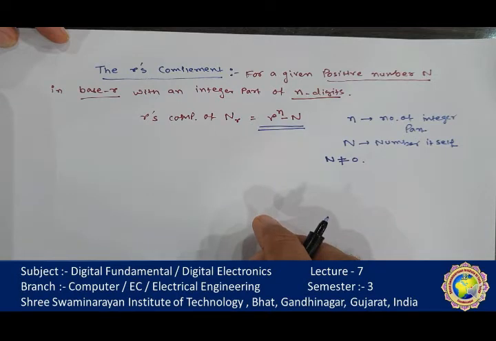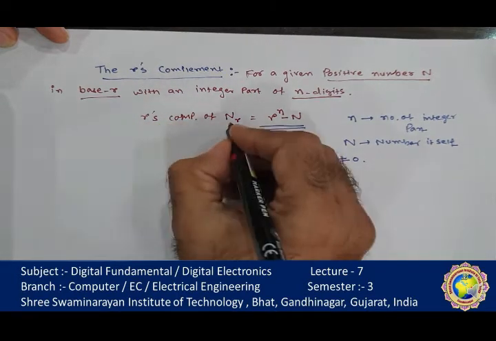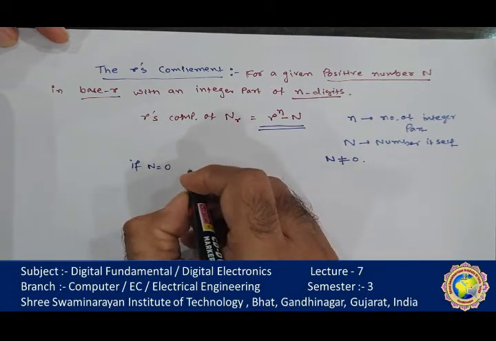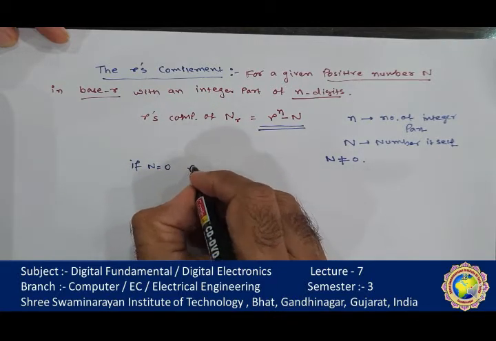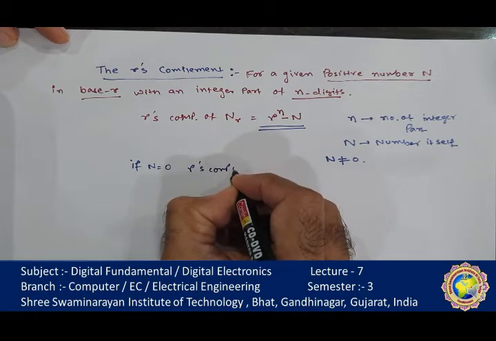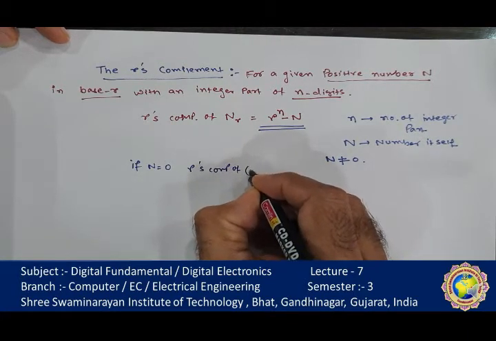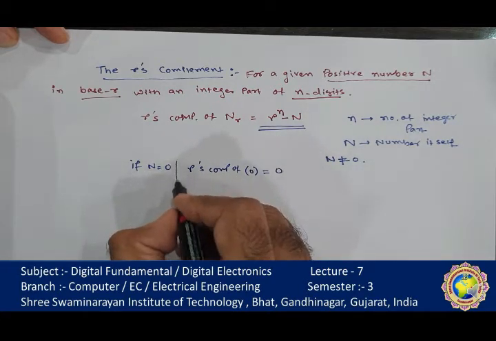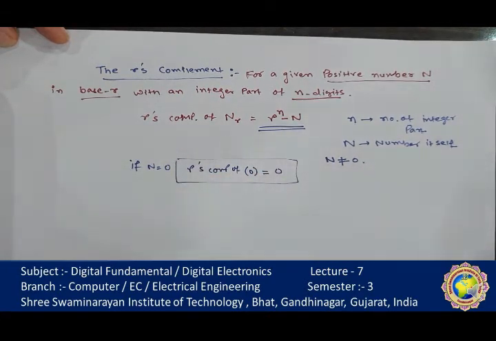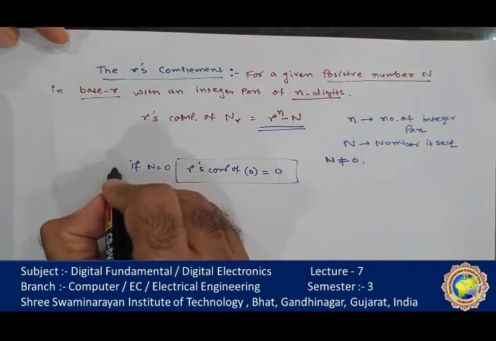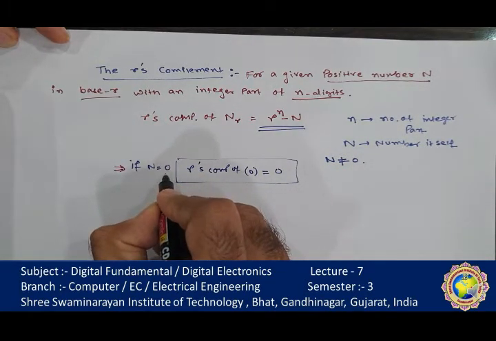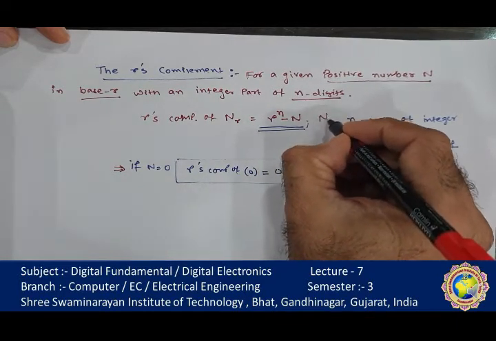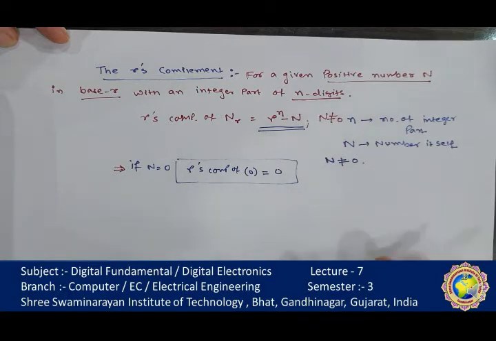N is not equal to 0. If N equals 0, then the R's complement of 0 is equal to 0. Only if the number is 0, the R's complement is 0. But this definition is applicable when N is not equal to 0.